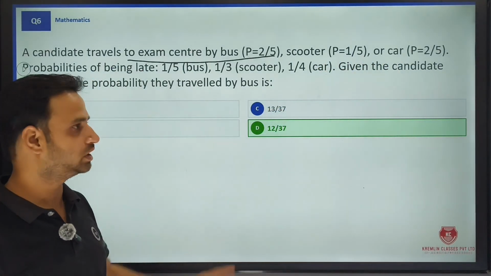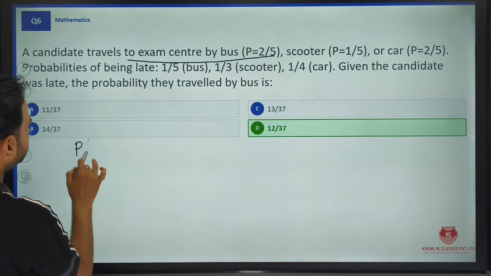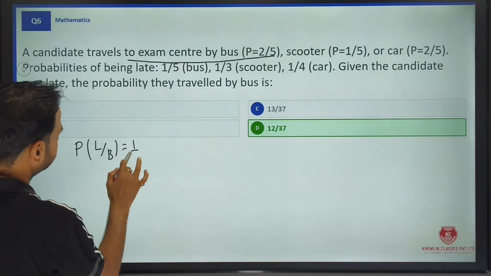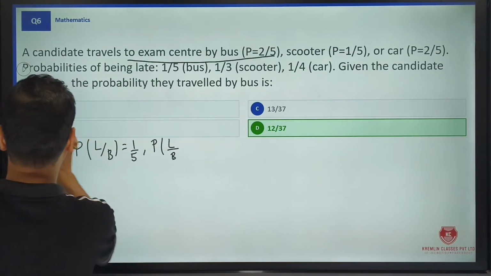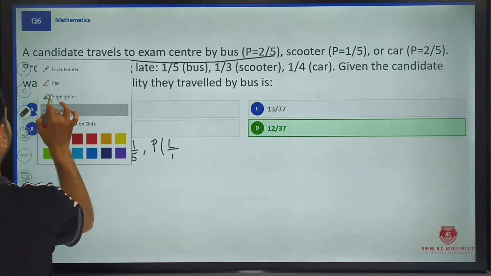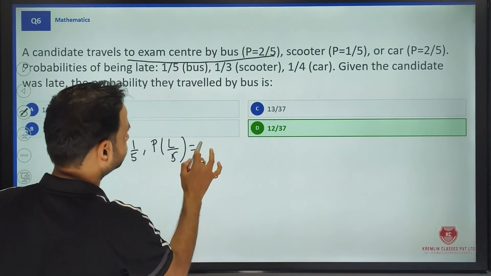Probabilities of being late means he is late. The student is late given that he traveled by bus is 1 by 5. Student is late traveling by scooter, it is 1 by 3.